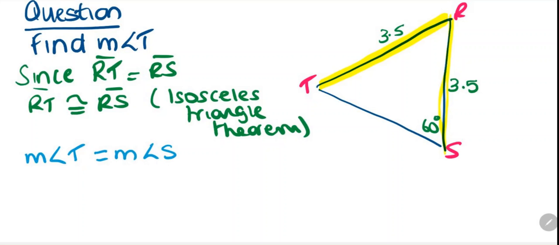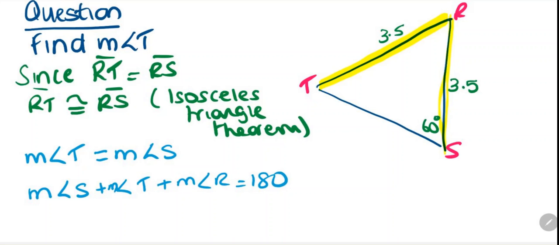So we're going to use the triangle sum theorem. So we'll say that the measure of angle S plus the measure of angle T plus the measure of angle R is 180 degrees. Now, because we know that RT is congruent to RS, and we said that T is equal to S, we can substitute.